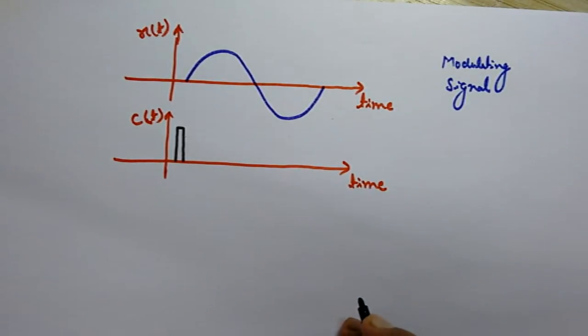Here I am drawing the carrier wave in pulse form, as we use pulse carriers in pulse modulation. This pulse train has equal amplitude and equal spacing between the pulses.